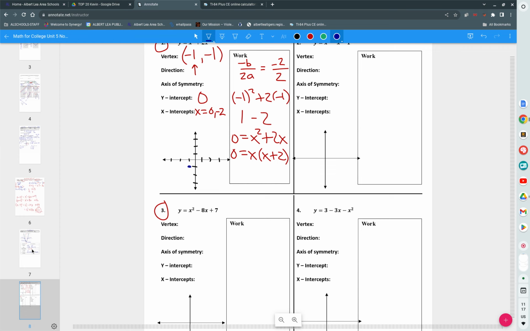My y-intercept is 0. My x-intercepts are 0 and negative 2. There's my shape.